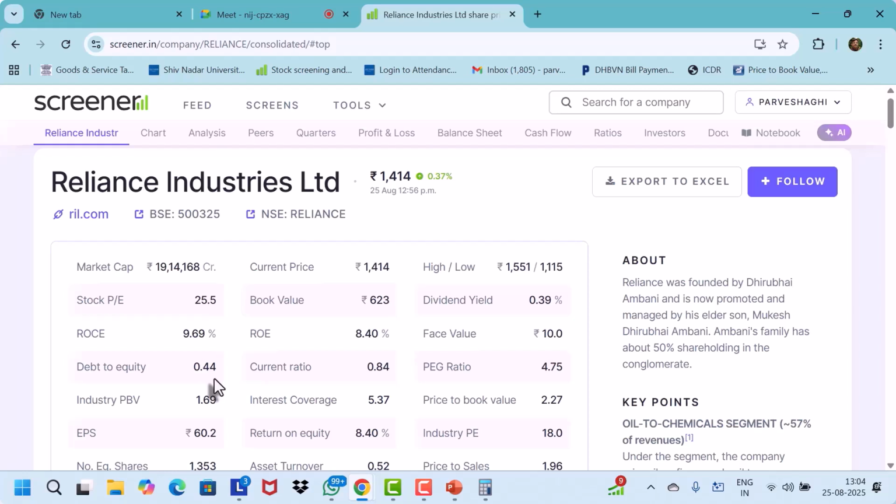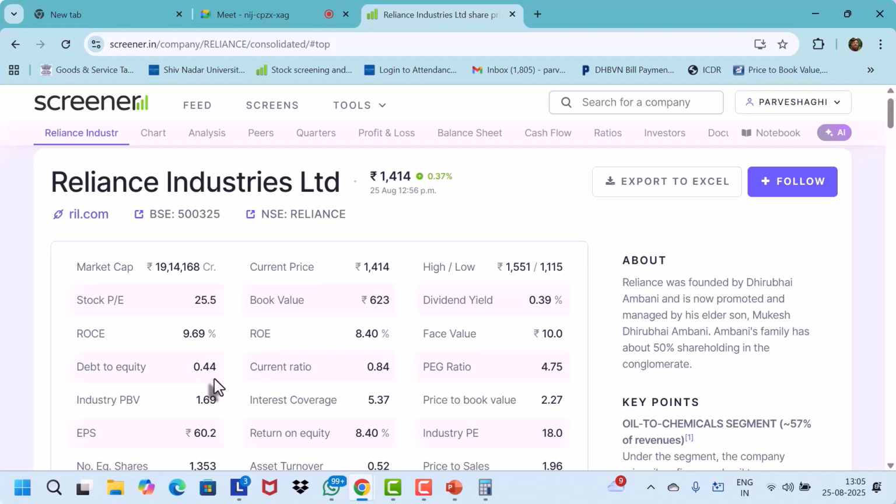It has a lot of oil refineries, so they require more and more capital. They need to borrow money, isn't it? So they will always have more debt compared to Hindustan Unilever, which doesn't have any kind of factories or plants. It doesn't require much capital compared to a company like Reliance. So Reliance by nature will have a high debt equity ratio.